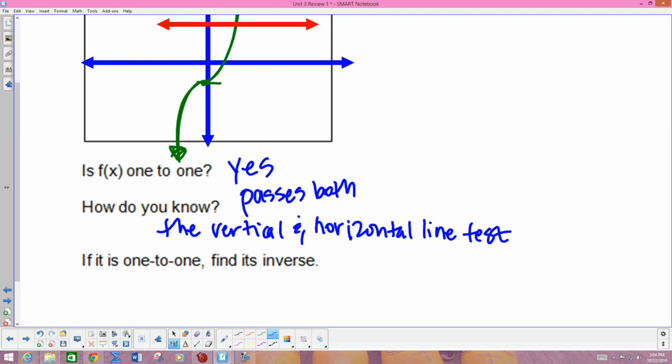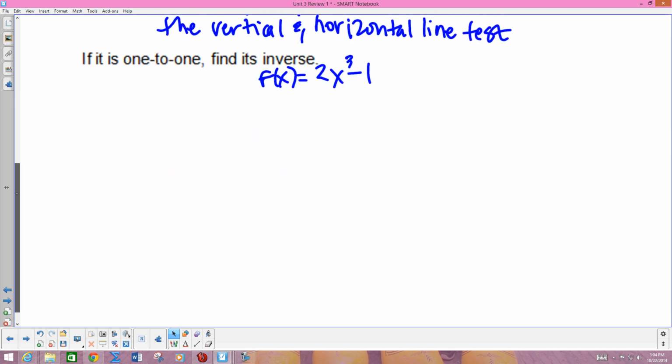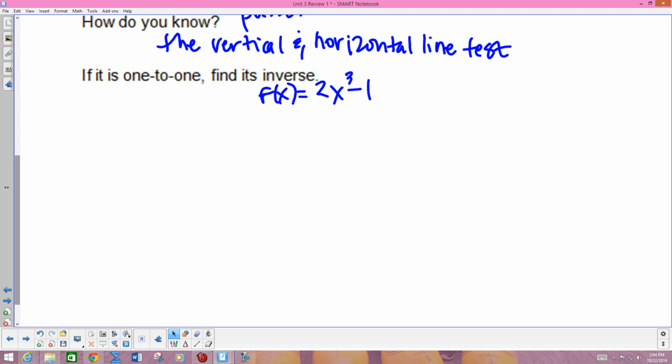So if it is one-to-one, find the inverse. I know that the function was f of x is equal to 2x to the third minus 1. That's the original function. And we know that f of x means what, guys? Y. Y is equal to 2x to the third minus 1.